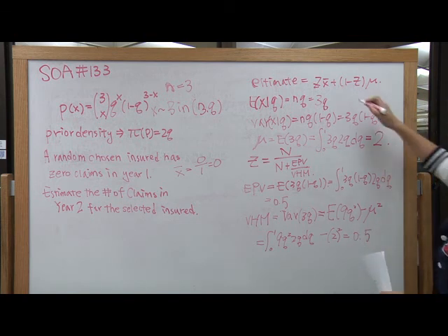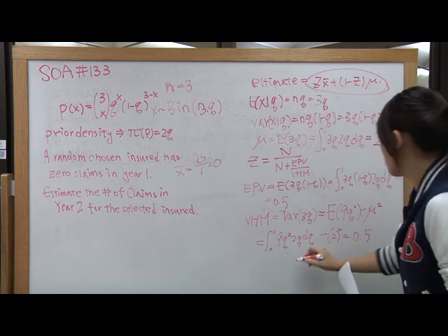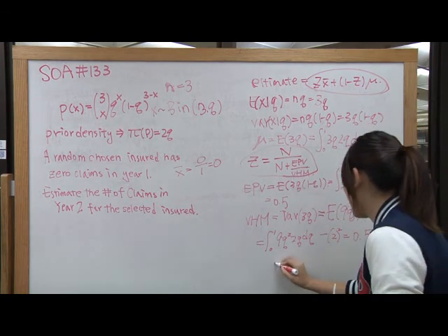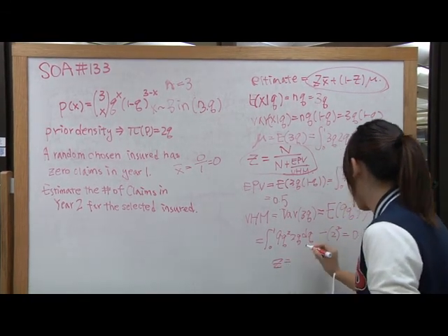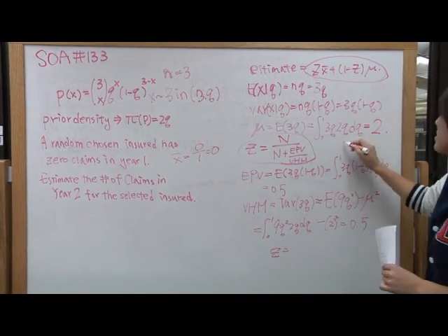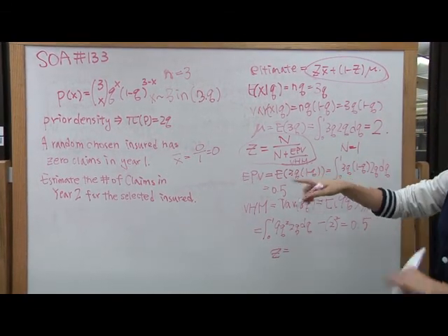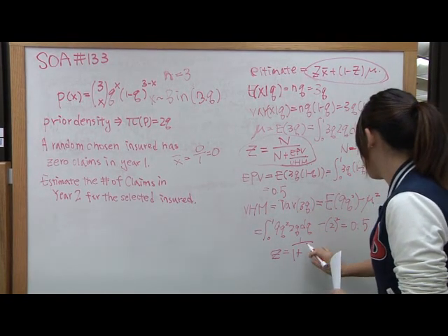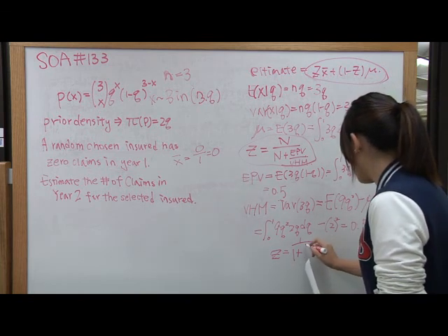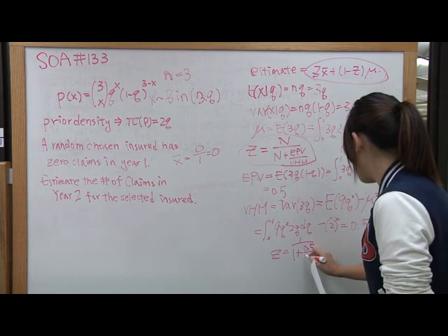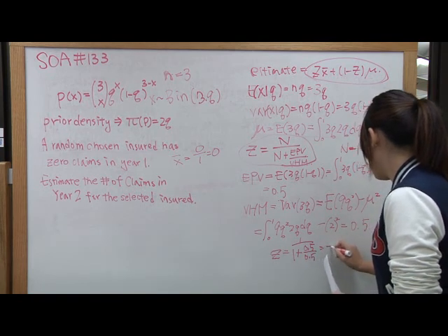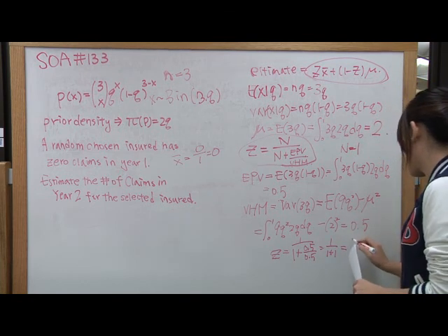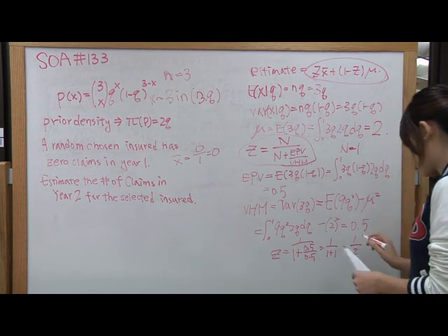So plugging back to the equation we have right here, oh wait, you have to plug it back to z first. So z is n, n is equal to 1, because we have information over 1 year here. So it's 1 over 1 plus EPV over VHM, which is 1 over 1 plus 1, which is 1/2.